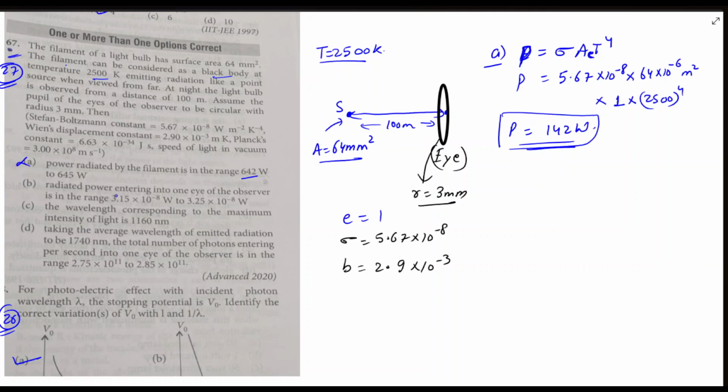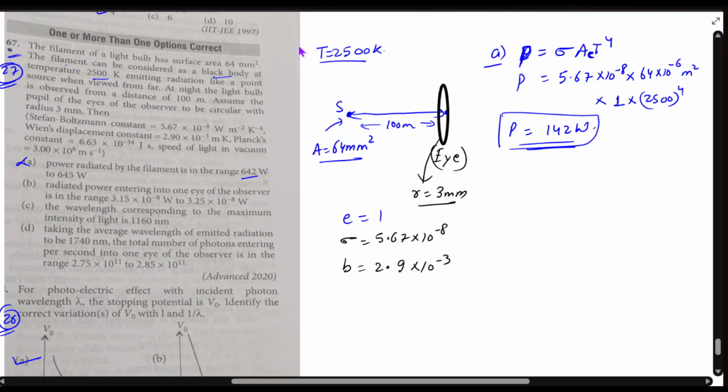Now let's move on to the other. The radiative power entering into the eye of an observer is in the range of this. Let's check. The first thing to solve these types of questions is we have to consider the source and the area around which it is illuminating, right?